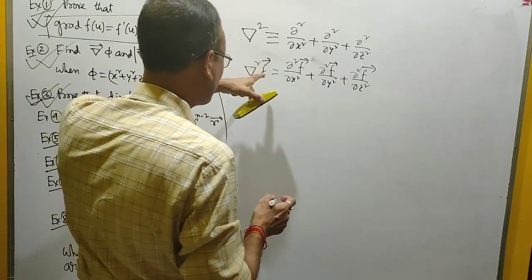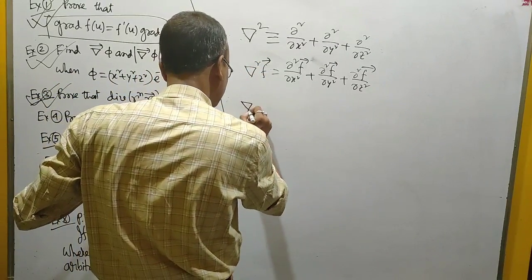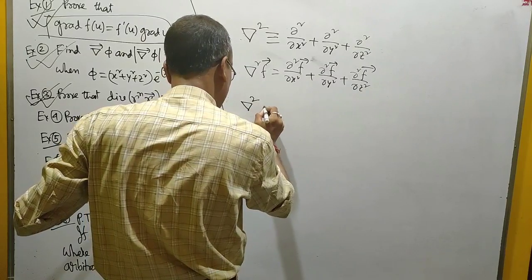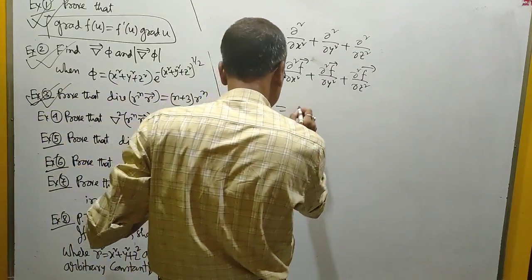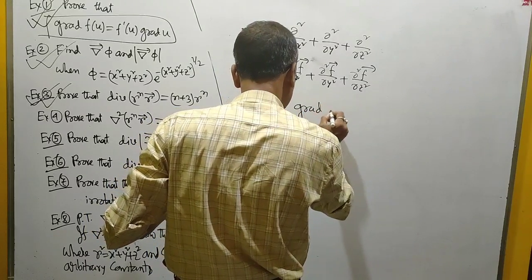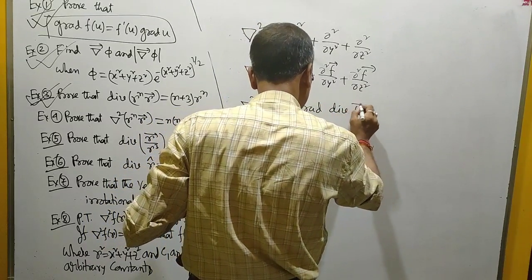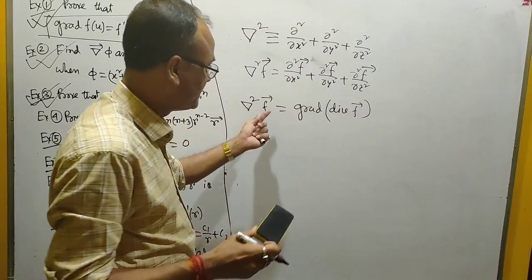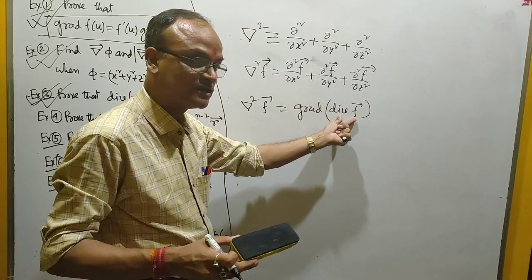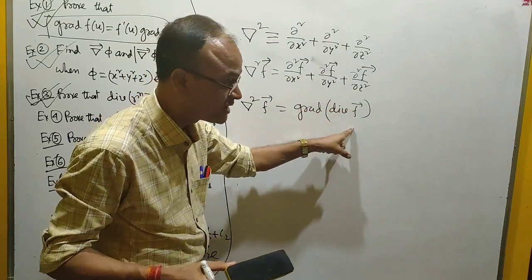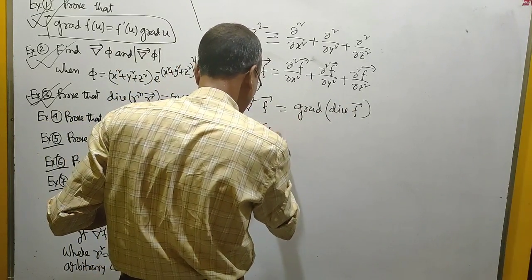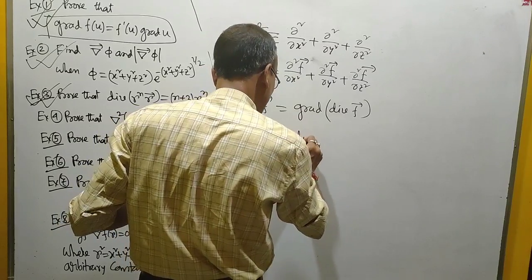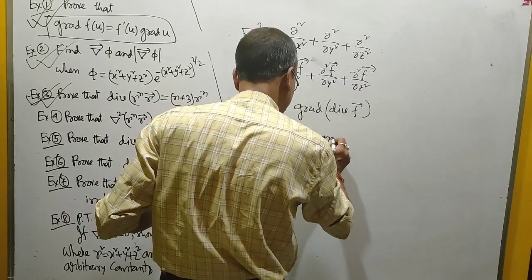When you find the Laplacian of a vector quantity, you will have to write gradient of divergence of the vector. Divergence of a vector is a scalar quantity, and the gradient of that scalar quantity will be a vector quantity. Again, for the scalar case, you will have to write divergence of gradient of phi.